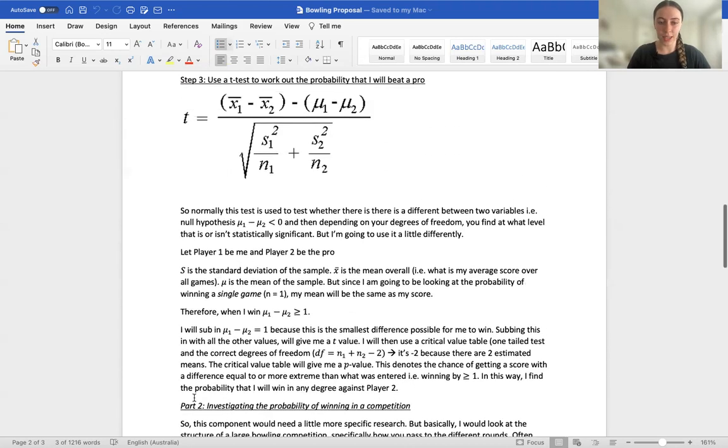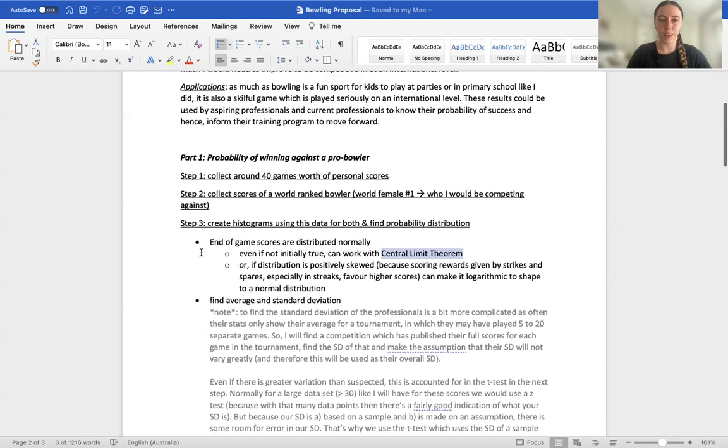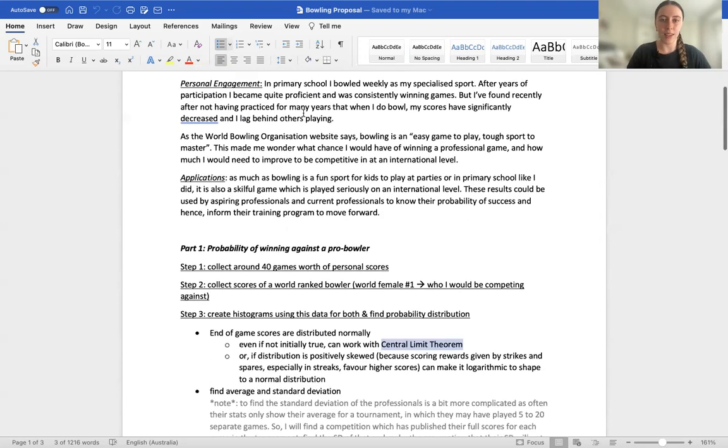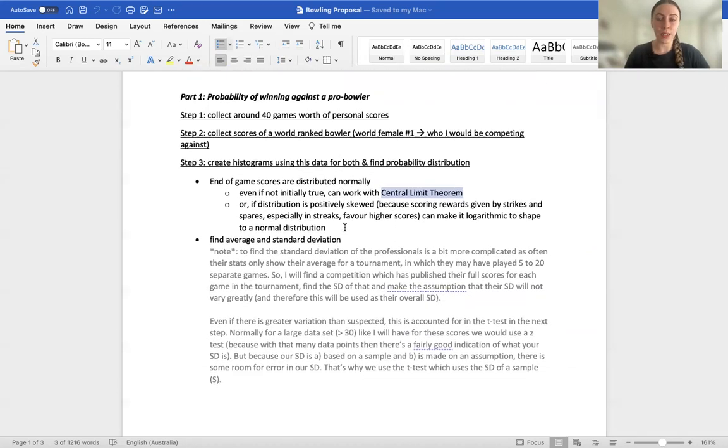I stopped here because this ended up being enough content for my whole IA. But you can see that there was so much more to dig into in terms of this topic compared to the original juggling IA, which didn't have much going for it. So yes, that was my new proposal.